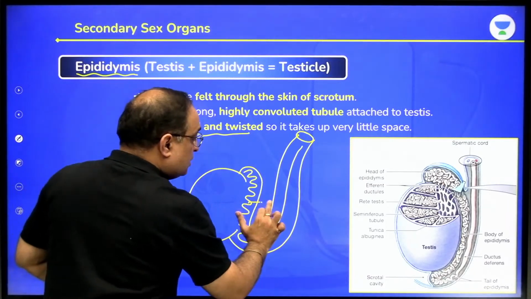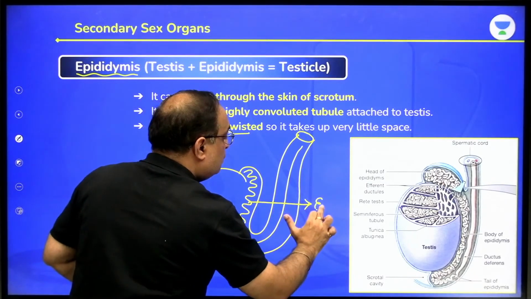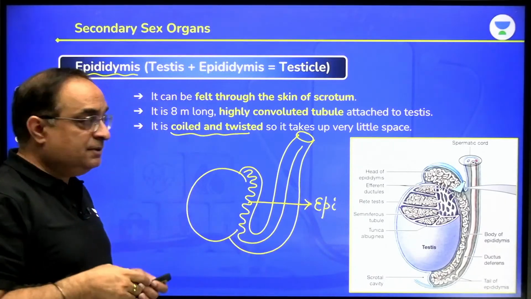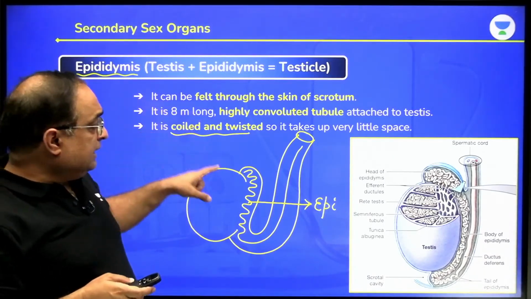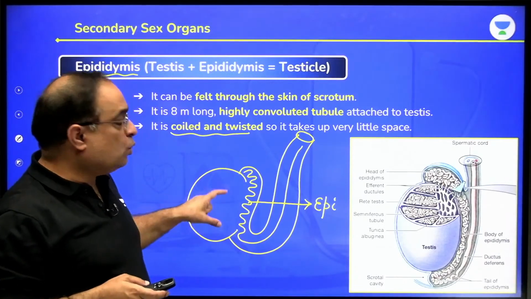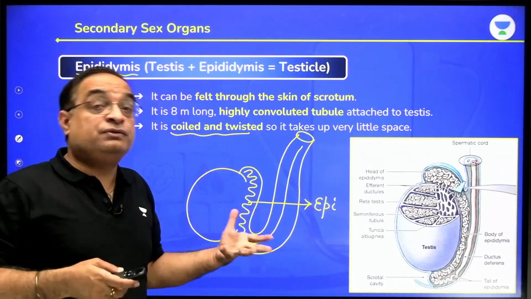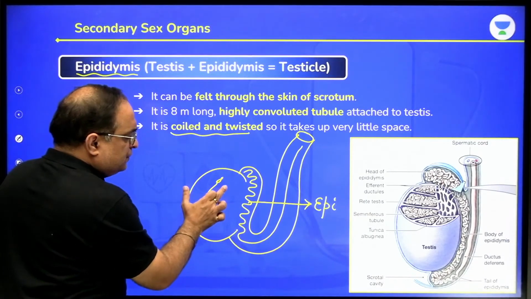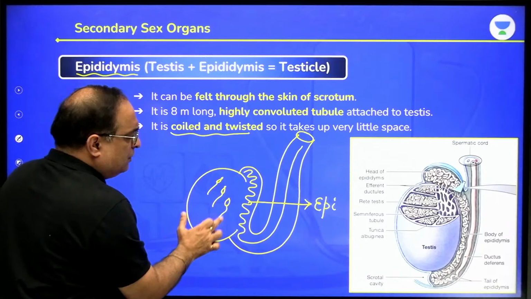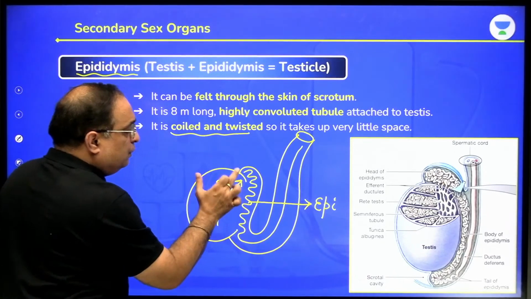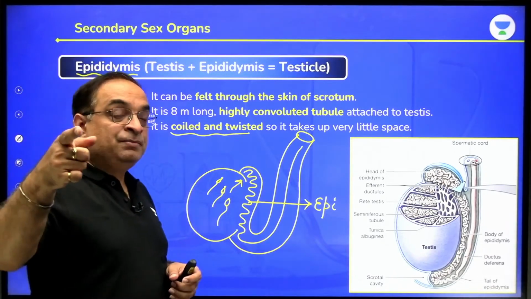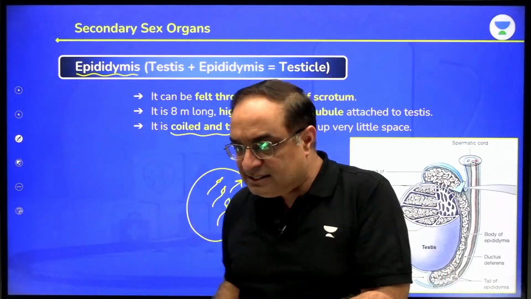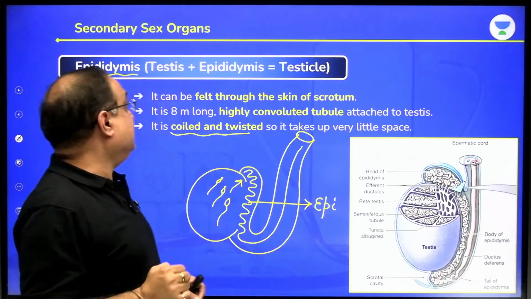So this structure we are talking about is epididymis. Continuously sperms are produced in the testes, and where will they go? They get stored in the epididymis.